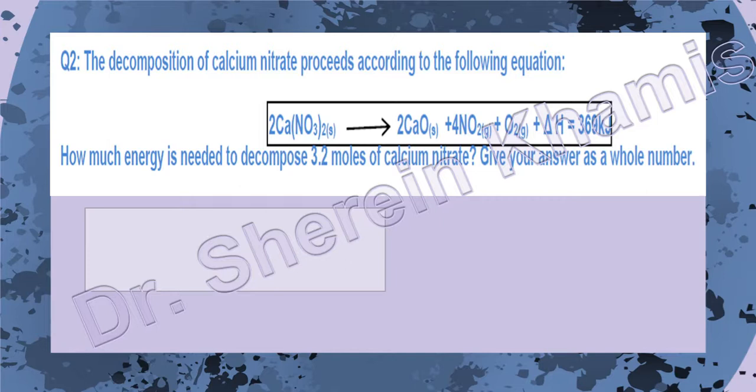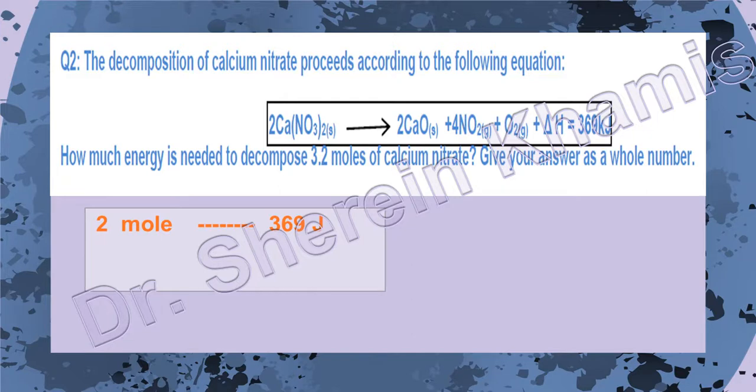Okay, what happened here? At first we have a problem, we need to mention the steps that we will do. In this equation, 2 moles of calcium nitrate give this amount of delta H, or heat content: 369 kilojoules.